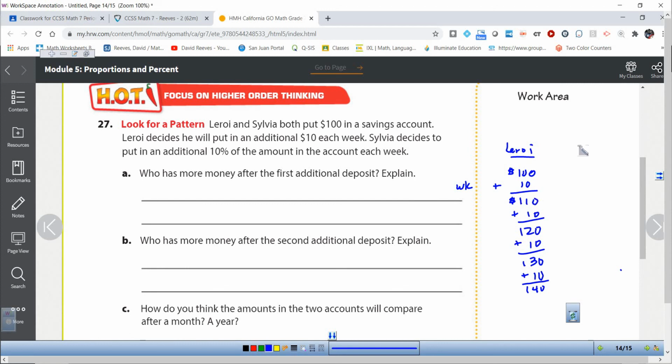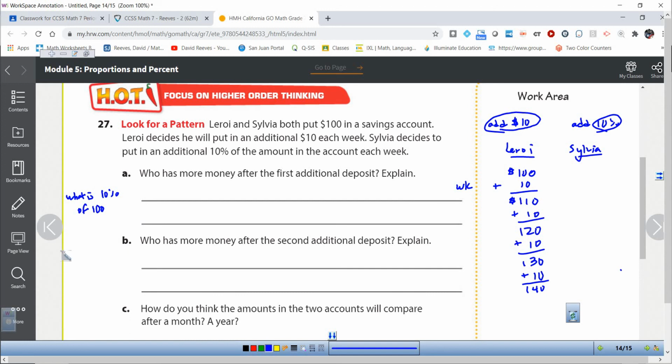Okay, now what about Sylvia? Leroy is adding $10, right? Sylvia is adding 10%. So what do we need to ask ourselves? We need to ask ourselves, what is 10% of 100?